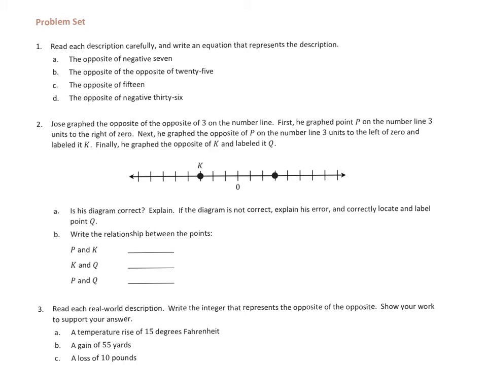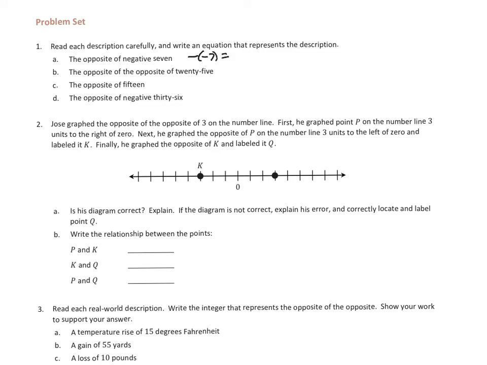Now here's where you get to fill in an answer as well on that puzzle. So read each description carefully and write an equation that represents the description. So the opposite of the opposite of negative 7 is, and the way you're going to write it is the opposite of the opposite of negative 7 equals.